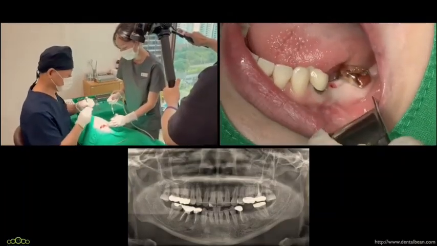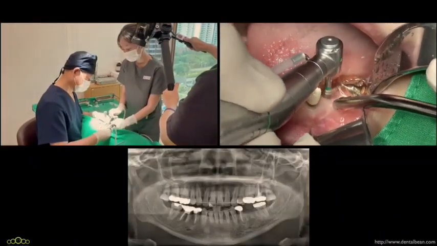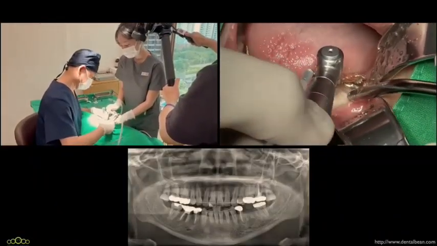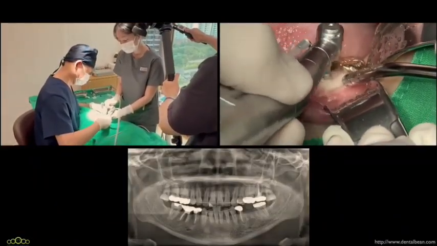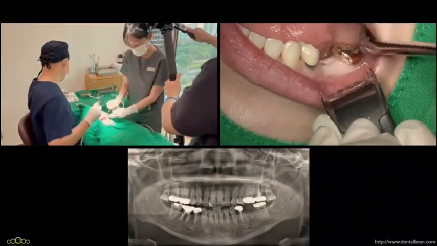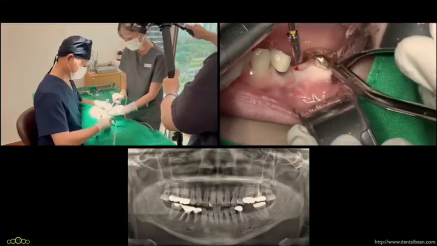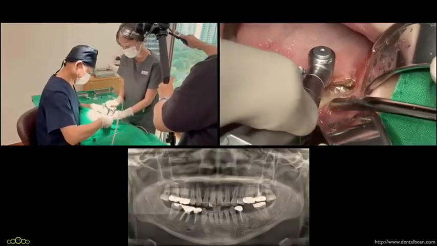And I use a Minnesota retractor to make a good surgical field. My assistants also use a Minnesota retractor. And I control the surgical tool by myself. Without big motion, I can control the instrument.